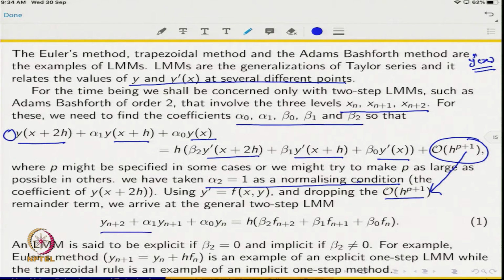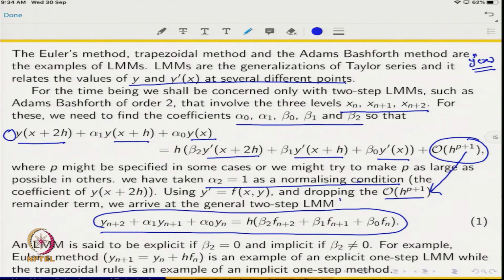We arrive at the general two step linear multi-step method, and LMM is the abbreviation for linear multi-step method, which we will be using from now onwards. So, now this is your difference equation for the two step linear multi-step method.